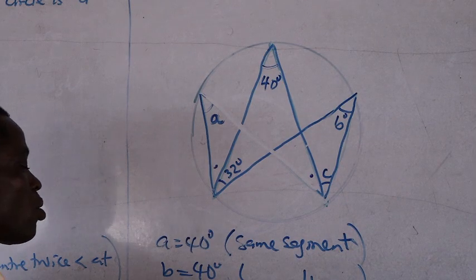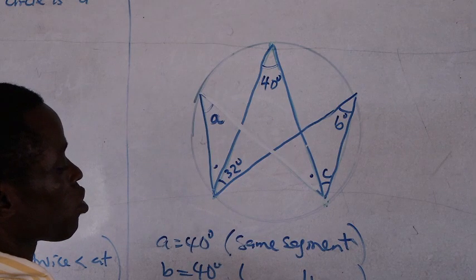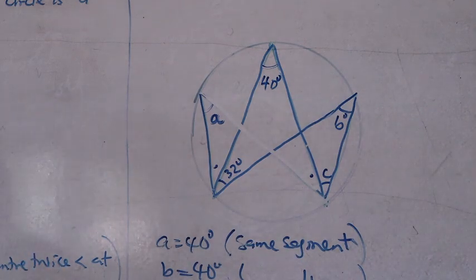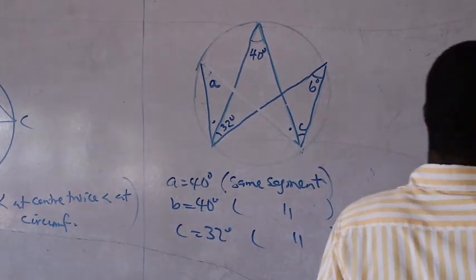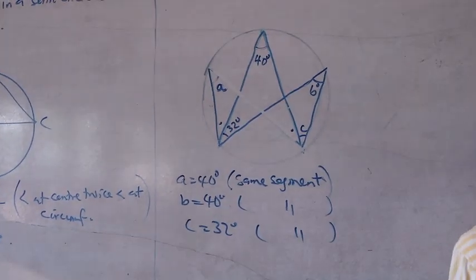C is 32. So this is how to solve the question. Is that clear? Okay. Now the second diagram is this.